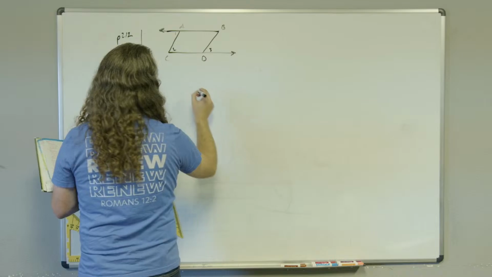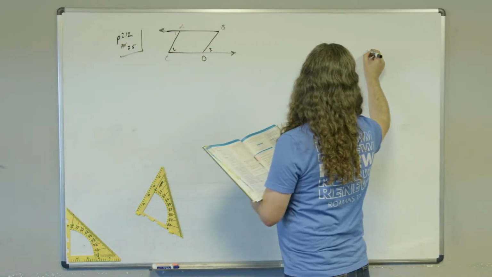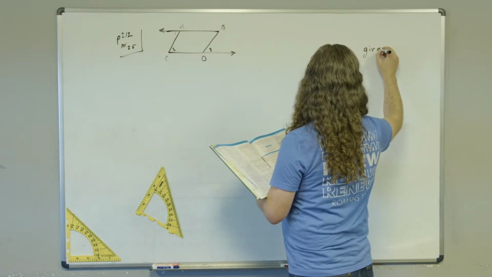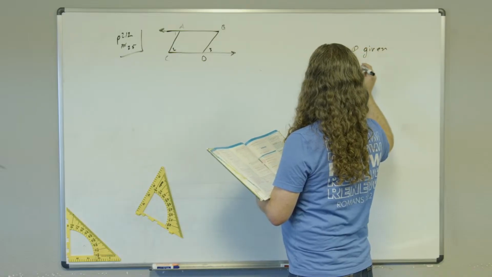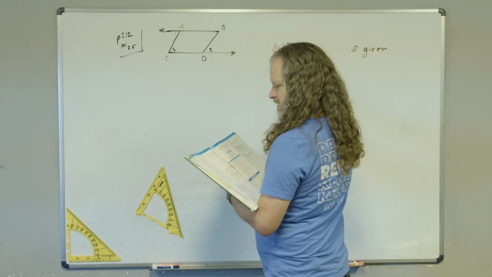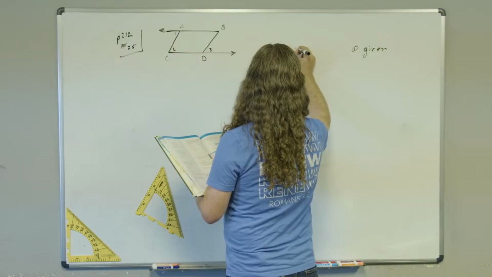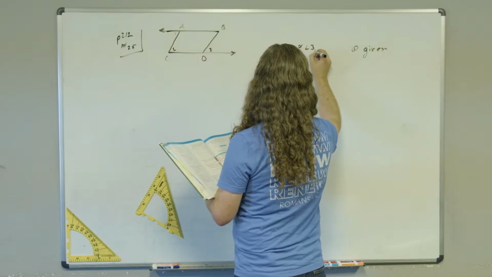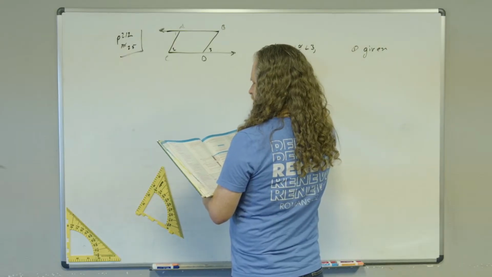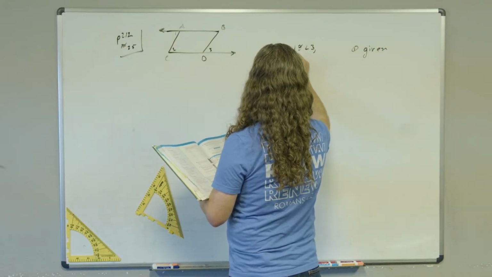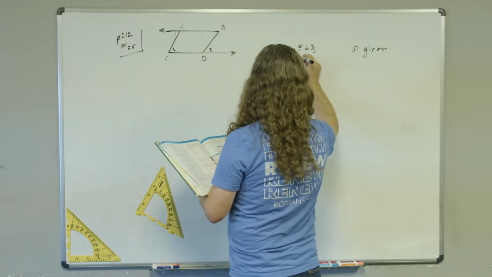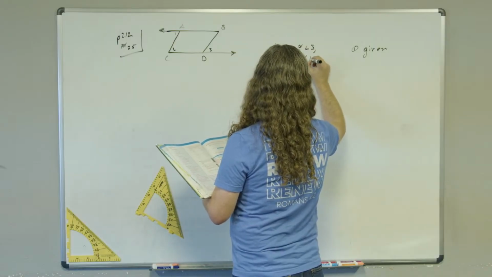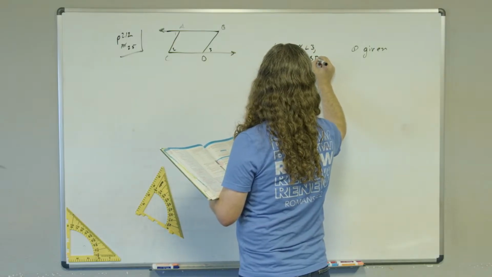And we are given that angle 1 is congruent to angle 3 and segment AC is parallel to segment BD.